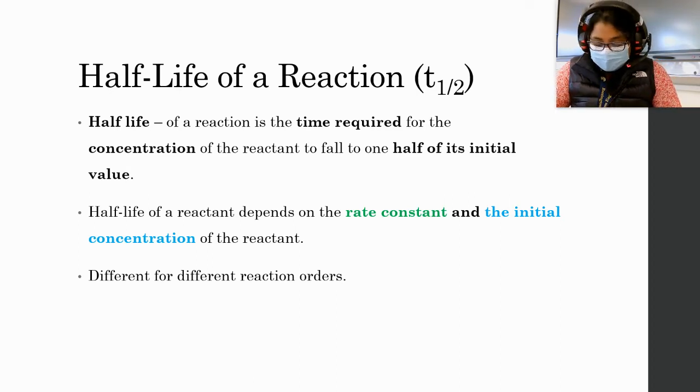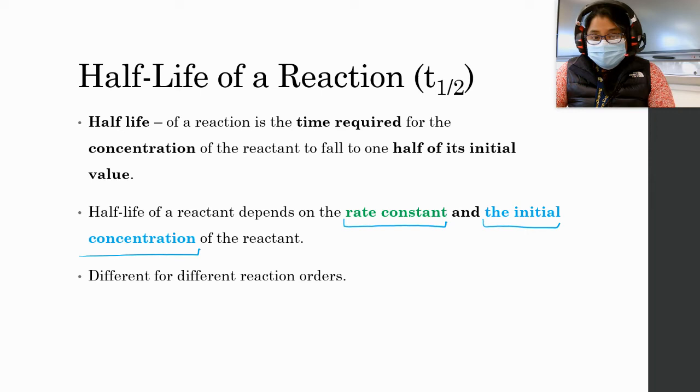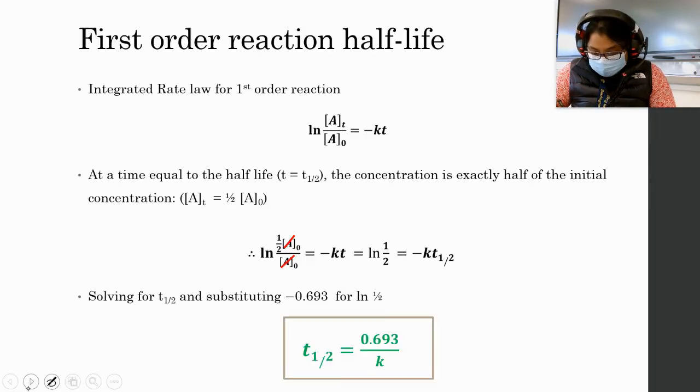The half-life of a reactant actually depends on two things: the rate constant, k, and how much you started out with, obviously. And it's different for different reaction orders. So let's look at the first order reaction half-life. This is the most common one that you find in questions.